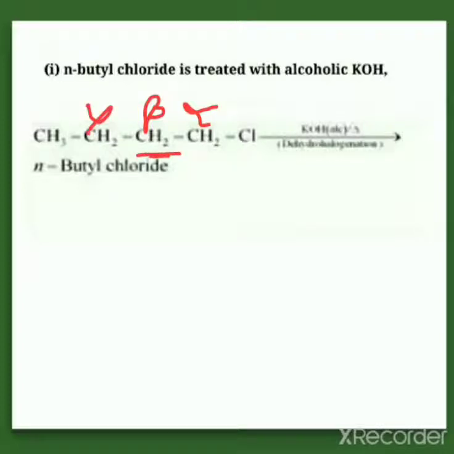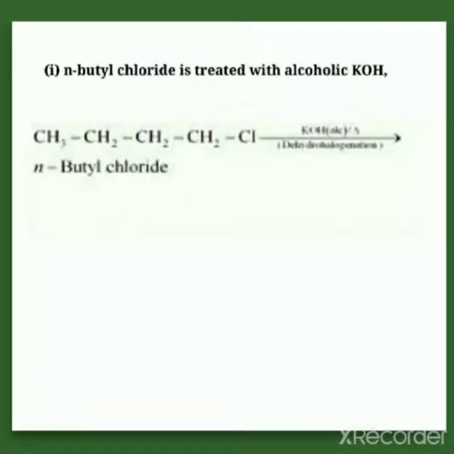So there is only one possibility of formation of product. The halogen group and one H, that is the beta hydrogen, will get removed.